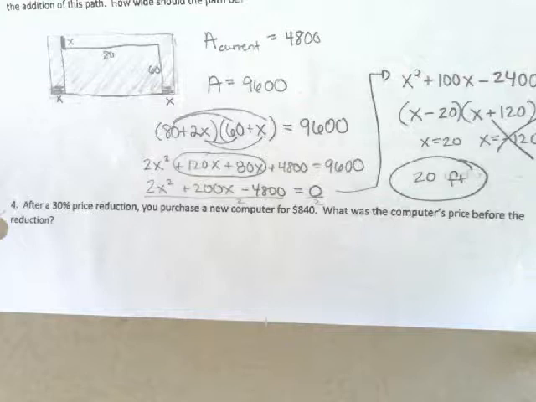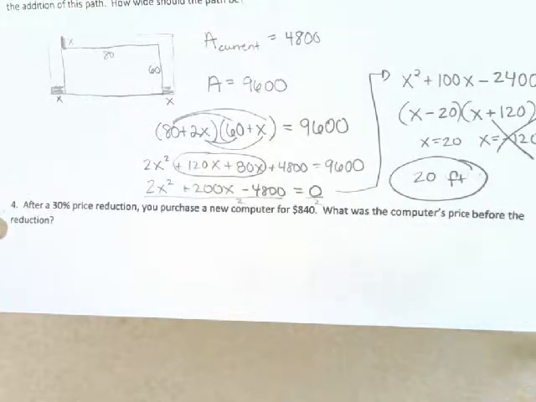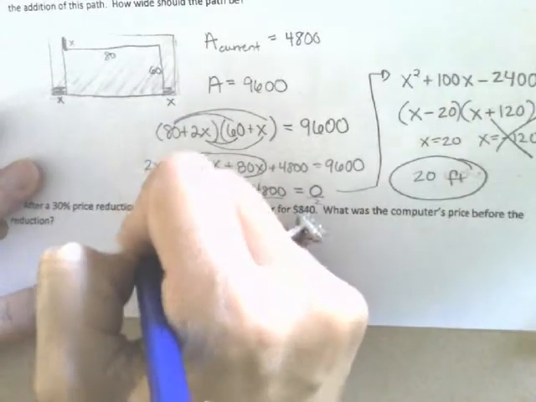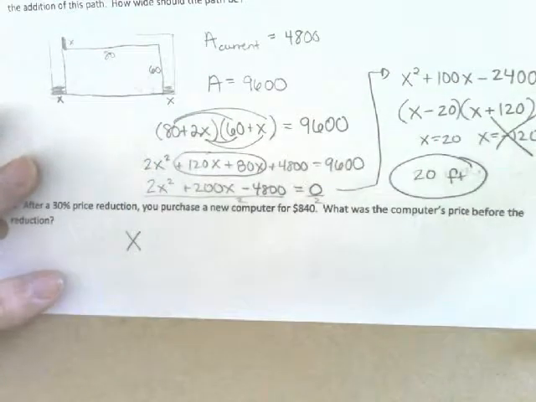I'm going to do it by writing an equation that kind of goes chronologically with the story. After a 30% price reduction, you purchase a new computer for $840. What was the computer's price before the reduction? So, what was the original price? You walk into the store, the price is X. We don't know.